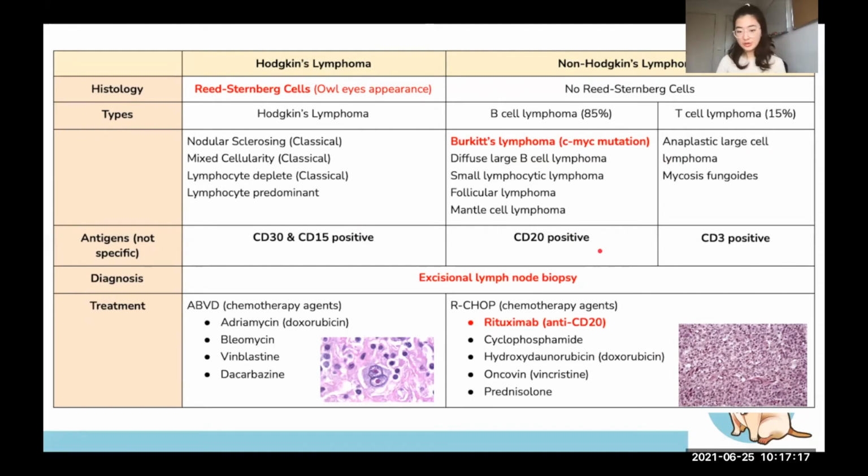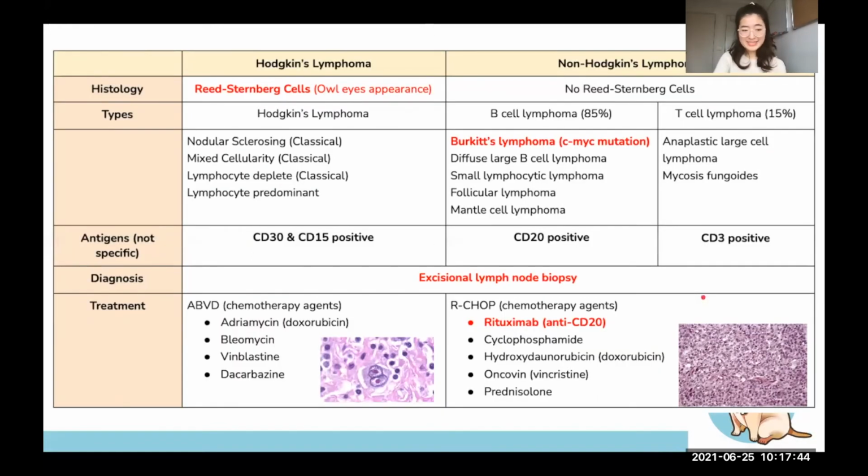So the way that you would treat a B cell lymphoma is with an anti-CD20 agent, and the one that is most commonly known is rituximab. You don't really need to know much more than this. If you want to learn the different chemo agents, feel free to, but I don't think it's super high yield.